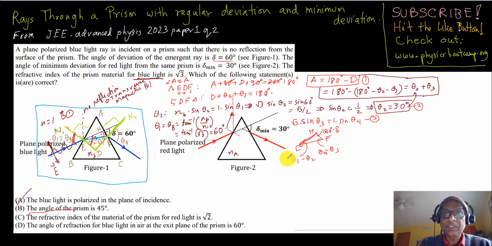Of course theta 1 is known, theta 2 is known. So it gives me a relation between theta 4 and theta 3. Theta 1 minus theta 2 is 60 degrees minus 30 degrees.